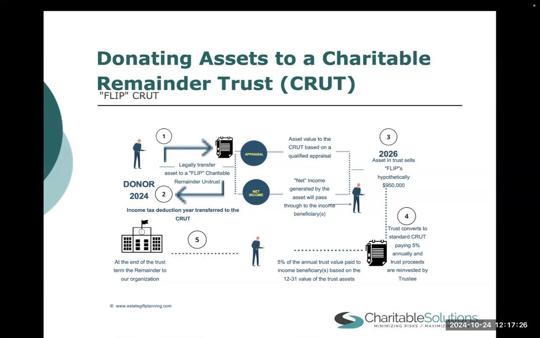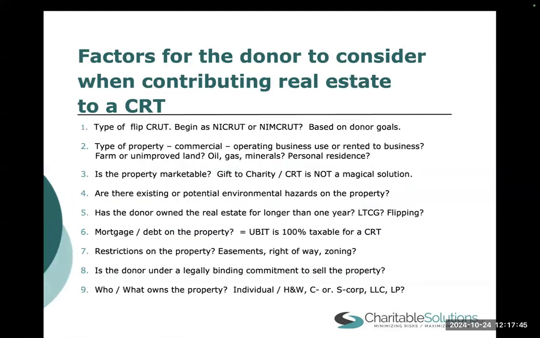We can then convert finally to a charitable remainder trust rate that is required by law as a minimum of 5% to be paid out to your income beneficiary. In this case, let's just say for the rest of his life, and then the remainder to your organization. So in a nutshell, at a high level, that's how a flip charitable remainder unit trust works.